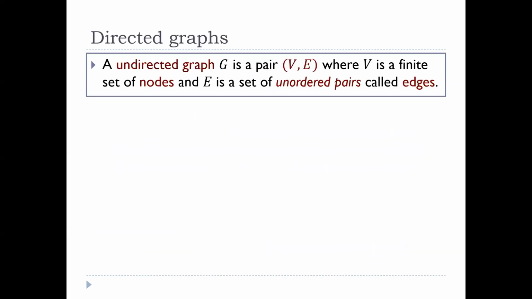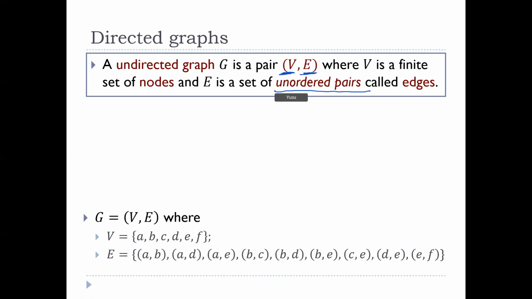Okay, so that's a directed graph. So what is an undirected graph? Well, as the name suggests, here we're going to remove the direction from the edges, okay? In particular, an undirected graph is a pair of a set of nodes and a set of edges, where the edges are just a set of unordered pairs.